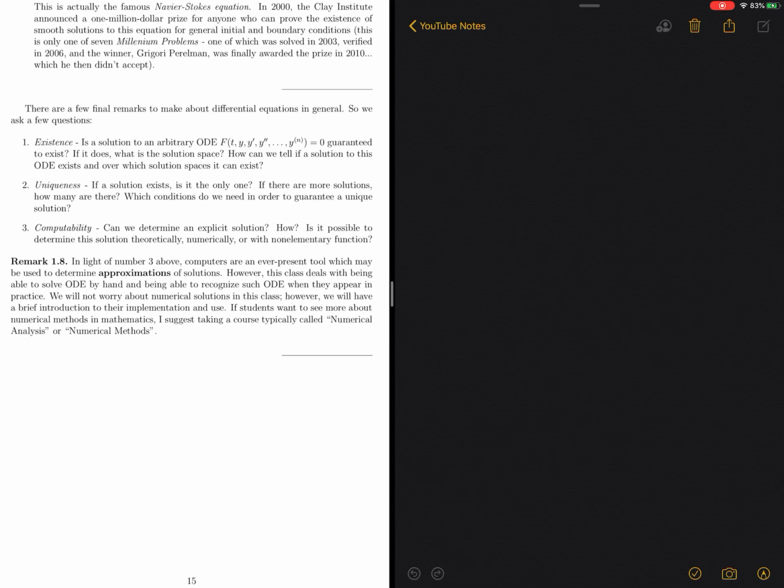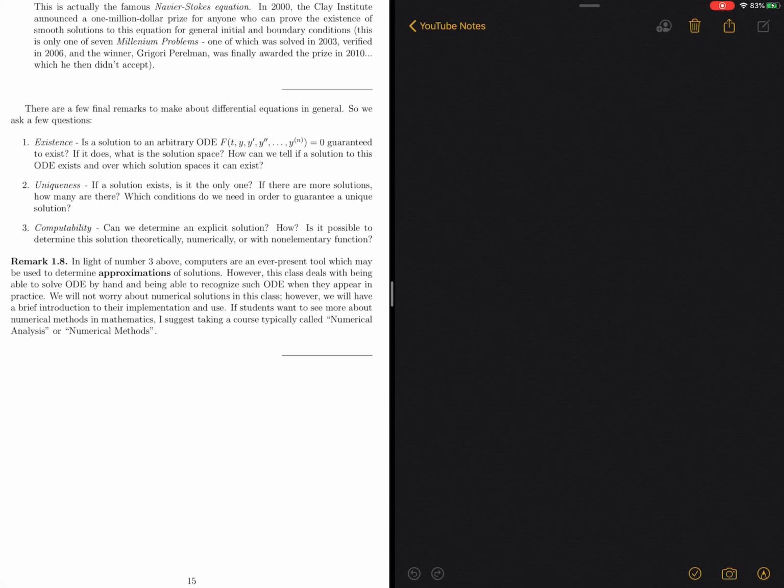So what conditions do we need in order to guarantee that uniqueness? Does it have to be a specific point that we need to pass through? Or can I just tell you an arbitrary list of conditions that this function has to satisfy? Will that hamper the existence of the solution? There are lots of considerations that we have to make.